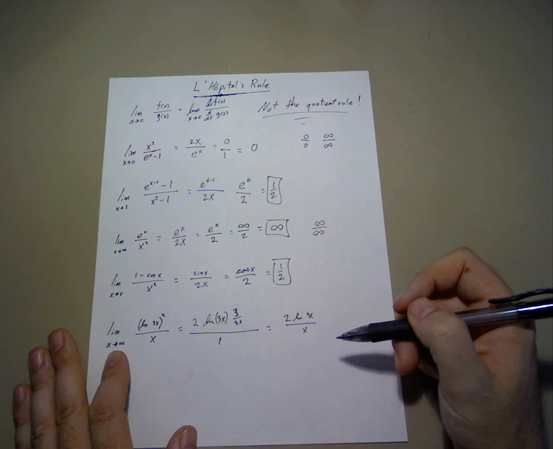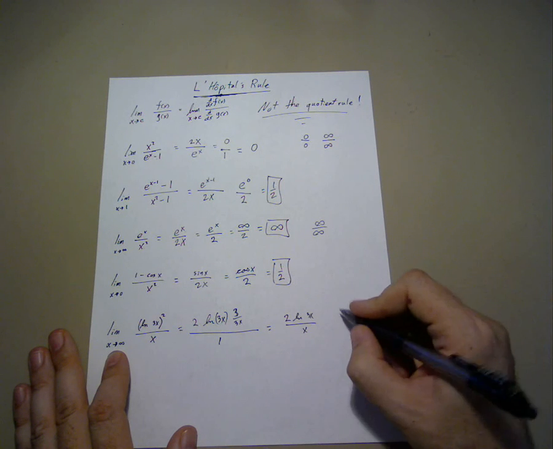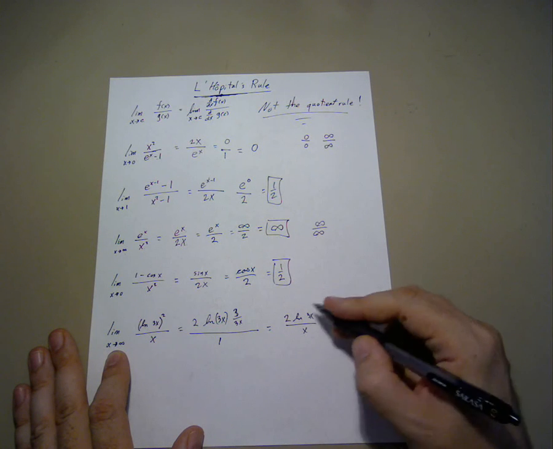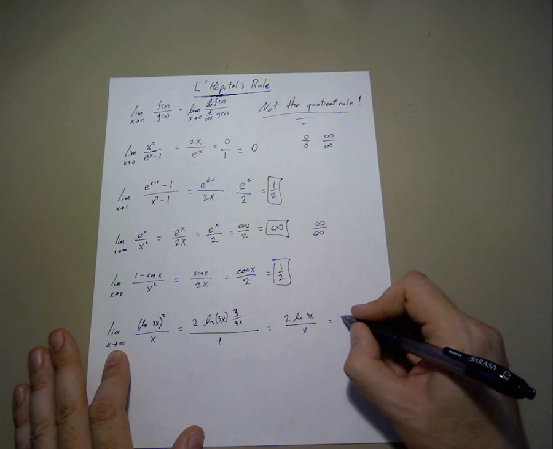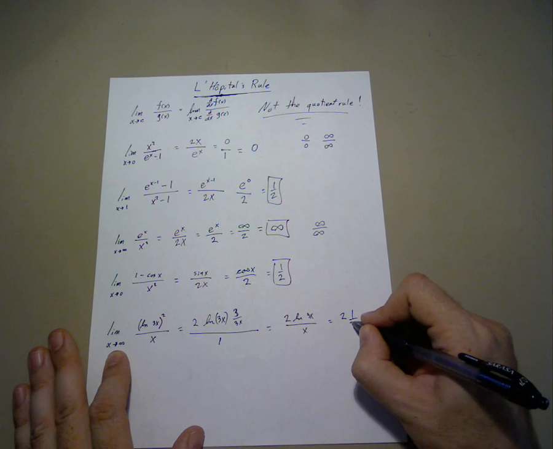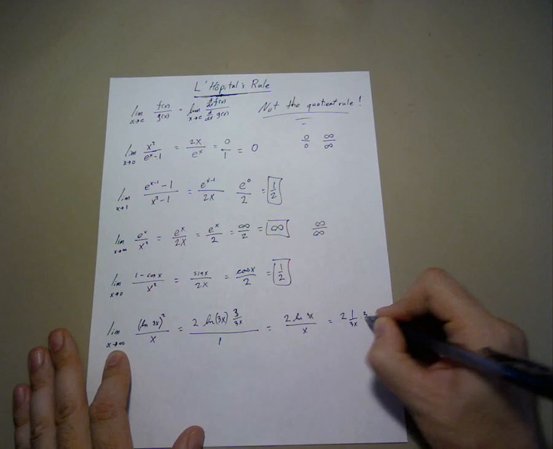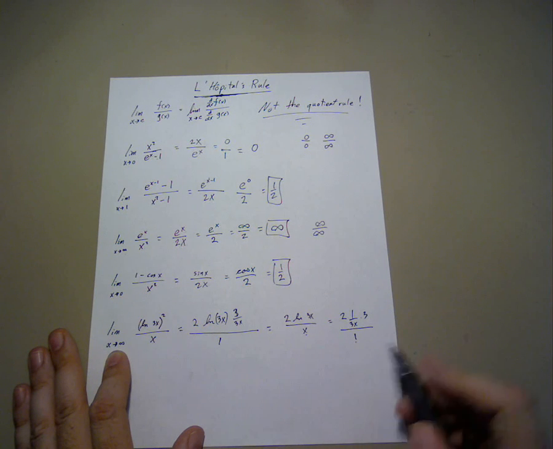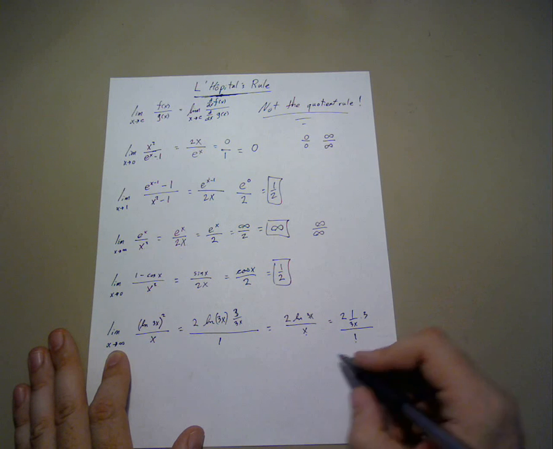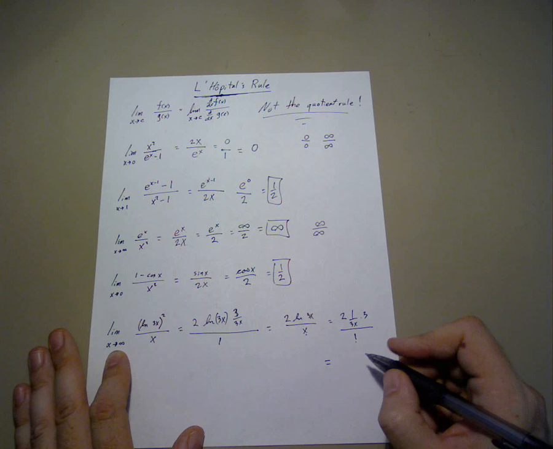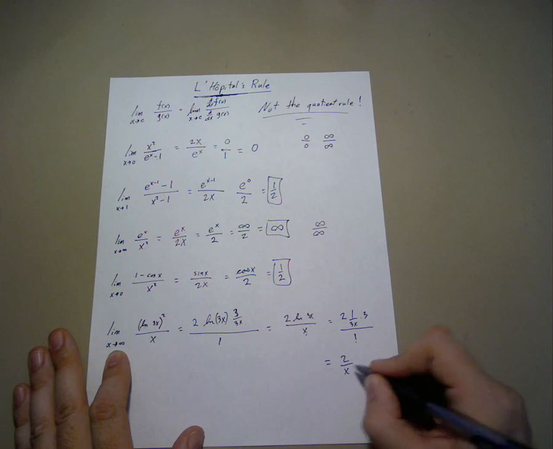If we apply the rule again, the derivative of this will be 2 times 1 over 3x times 3, over the derivative of x, which is 1, which we can simplify down to 2 over x.